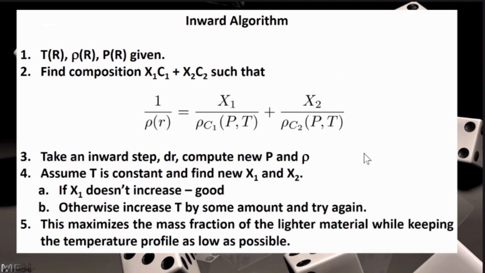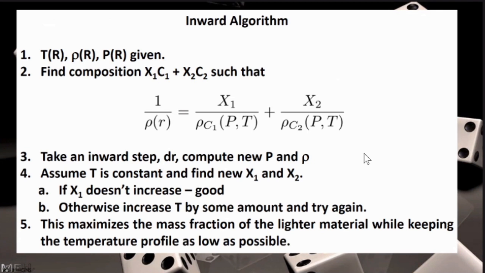If the new mass fraction of the lighter material doesn't increase as I go in, then I'm good. And I just take that and continue to the next step. If it does increase, I say, no, that I can't allow. So I increase the temperature a bit and try again. And I keep increasing the temperature until this fits.